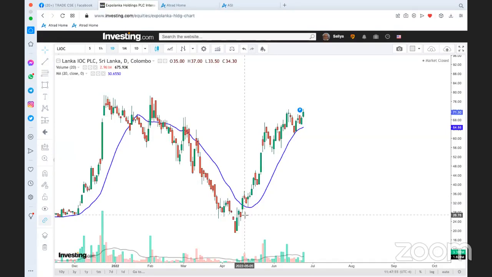But there are indications that people who bought after this fall are new buyers. If you look at the major shareholders, the top 20 shareholders, and so on, you will see that new buyers have come in also, more than the old buyers, right?